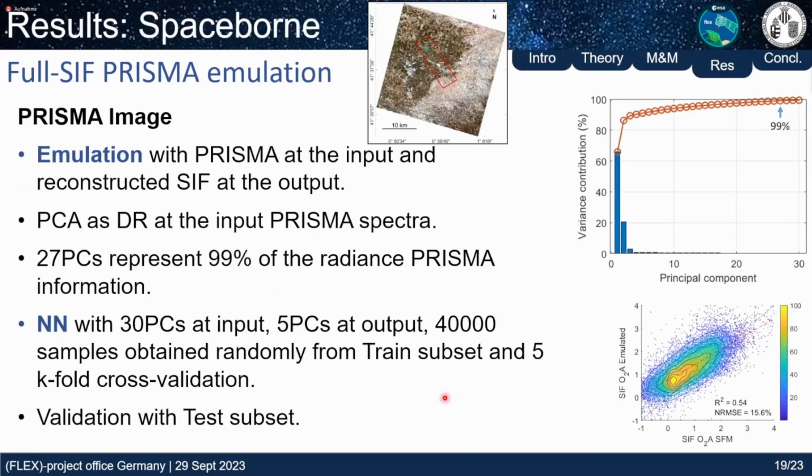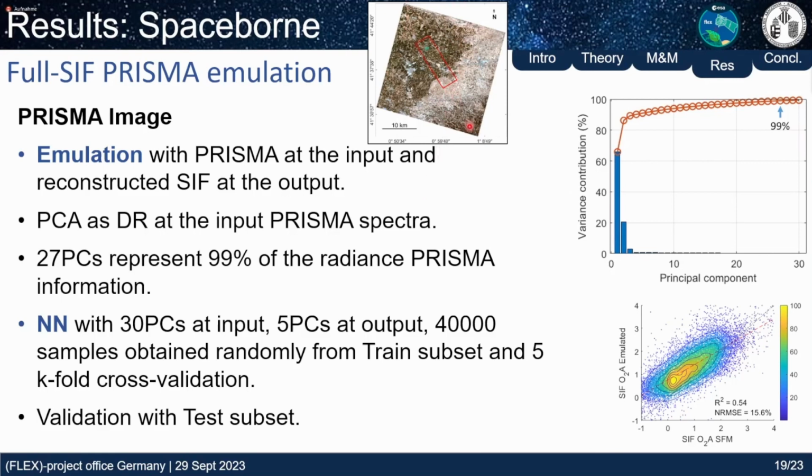And once we obtained the full data cube for HyPlant, we trained an emulator to apply it to the PRISMA image. In this case, we trained an emulator using PRISMA spectra as input and the synthetic full SIF spectra obtained from HyPlant as the output.